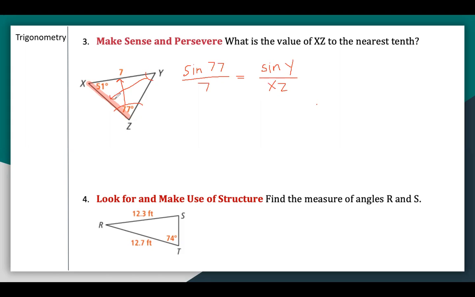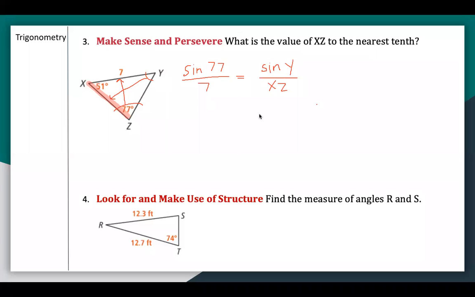Well, we're in a little bit of trouble, a rock and a hard place here, because we don't know XZ, which is what we're trying to find, and we don't know what the angle for y is. But if we think about our properties with triangles, I can find that last angle.